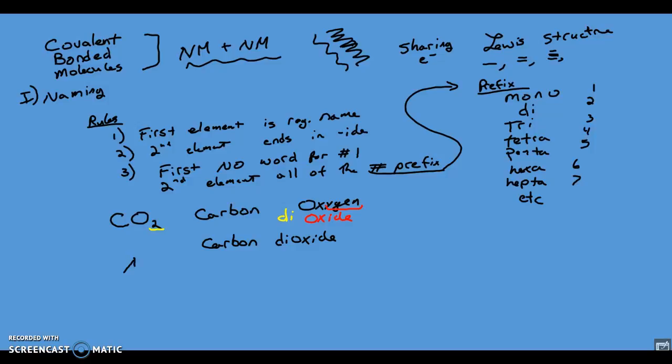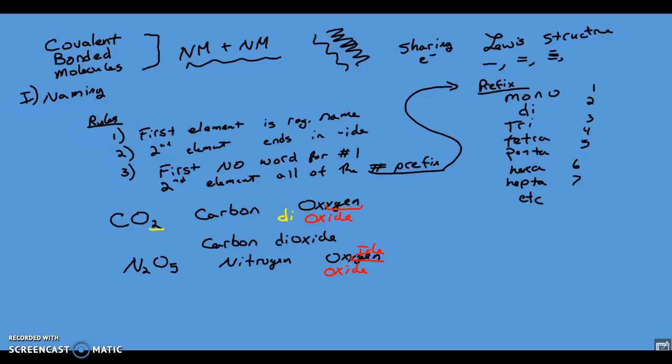Another one, N2O5. First word, nitrogen. Second word, oxygen. We have to change the ending of oxygen to ide, so we have oxide. And then we have to change the numbers.